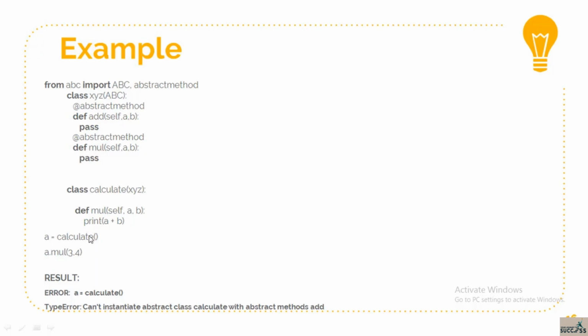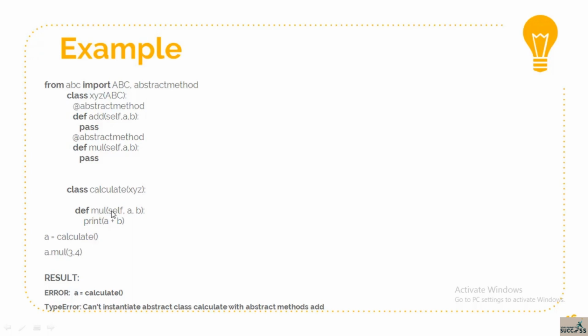Now, I cannot create an instance of an abstract class, so I create an instance of this class and then I call this method. When I run this code, it will throw an error saying: cannot instantiate abstract class Calculate with abstract method add. The reason it is giving me an error is that this class, which is inheriting the abstract class, contains the implementation of only one method.